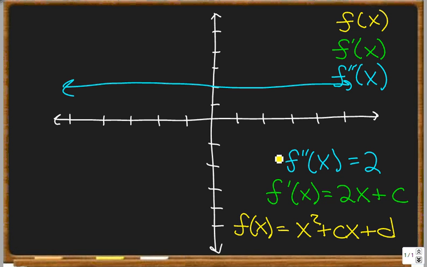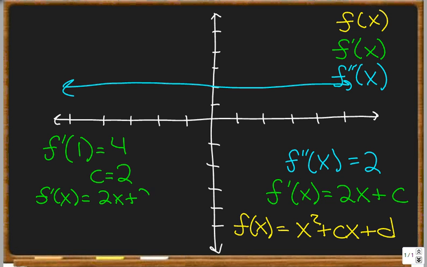So the main thing is, if you're given a second derivative, you can find exactly what you need, but you now need multiple pieces of information. Like in the last example, we knew that f prime of 1 is 4. So we used that, and c was 2. We knew that from the last problem. So we knew that f prime of x was 2x plus 2.